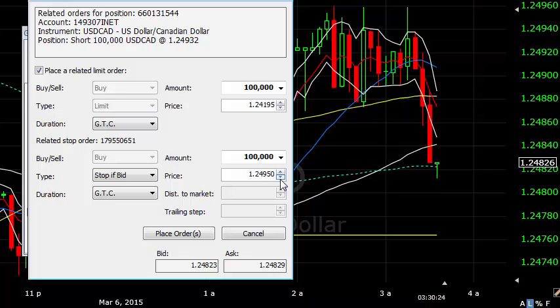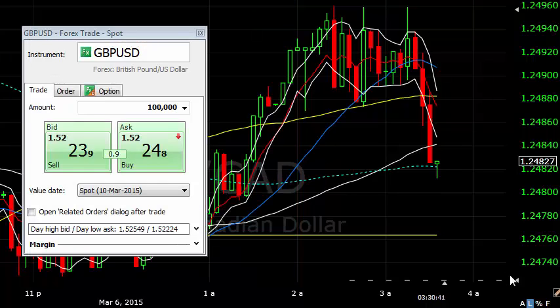There we go. The target area, like I said before, is just above that daily pivot. 124.70 is the actual pivot, so I'll put it in at 124.73, which is just about these lows anyway, just the break of those lows.